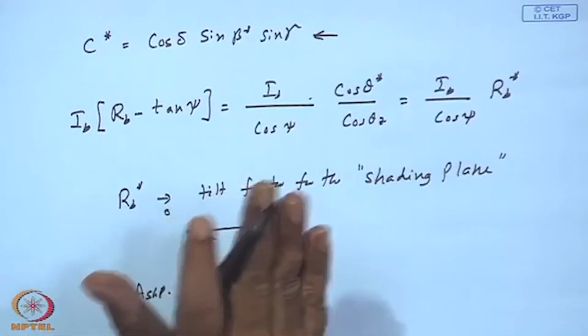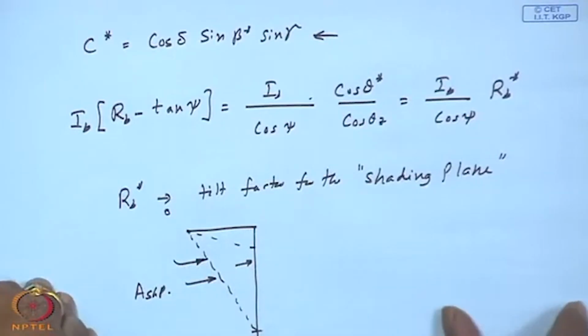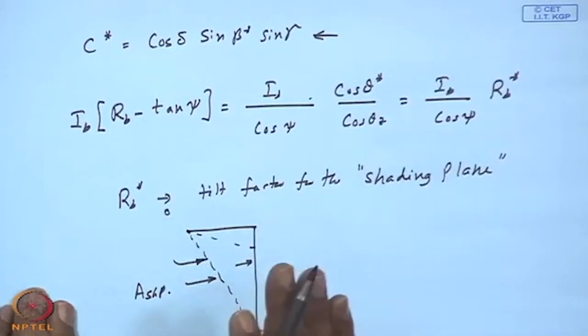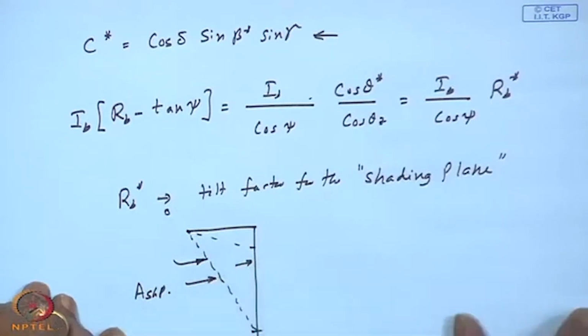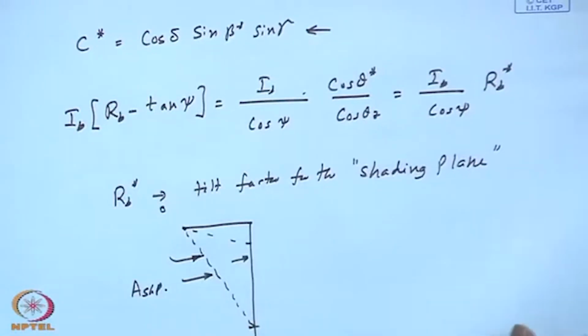The whole idea physically is that whatever radiation enters through this will reach the window. So, you estimate the solar radiation based upon this ASHP, the area of the shading plane, and if it is converted back into per unit area of the window, you have your answer.